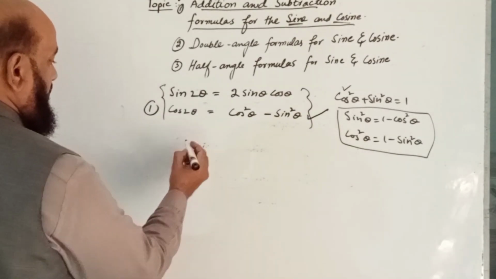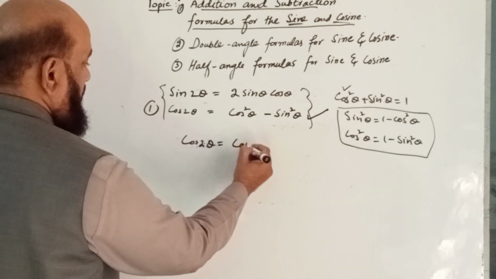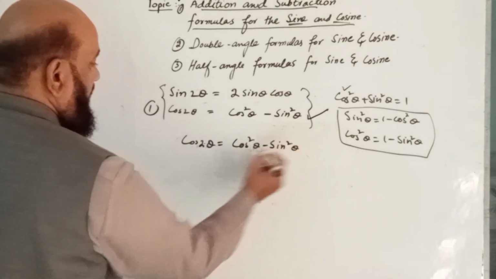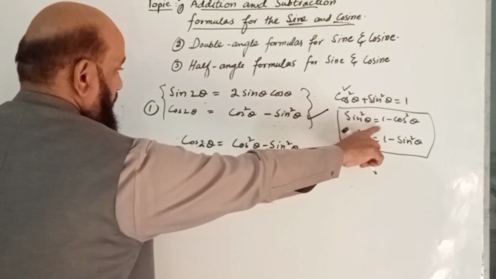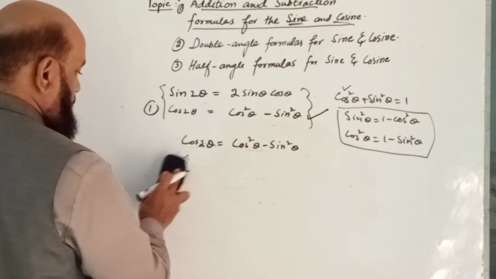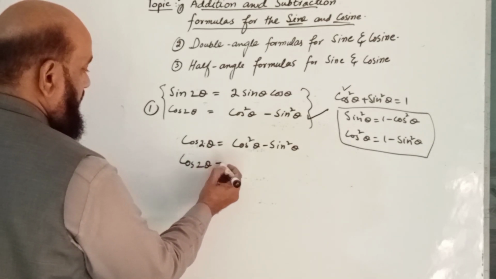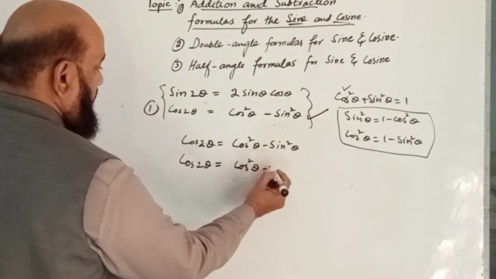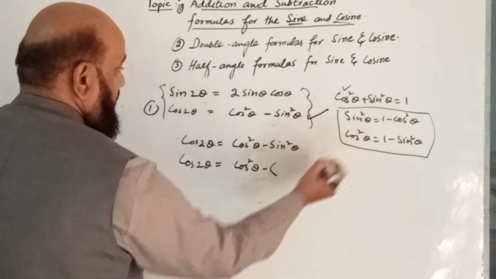Look here. We have cos 2 theta is equal to cos square theta minus sin square theta. And if we put the value of sin square theta is equal to 1 minus cos square theta, we get cos of 2 theta is equal to cos square theta minus, now we remove sin square theta. Sin square theta is equal to 1 minus cos square theta.